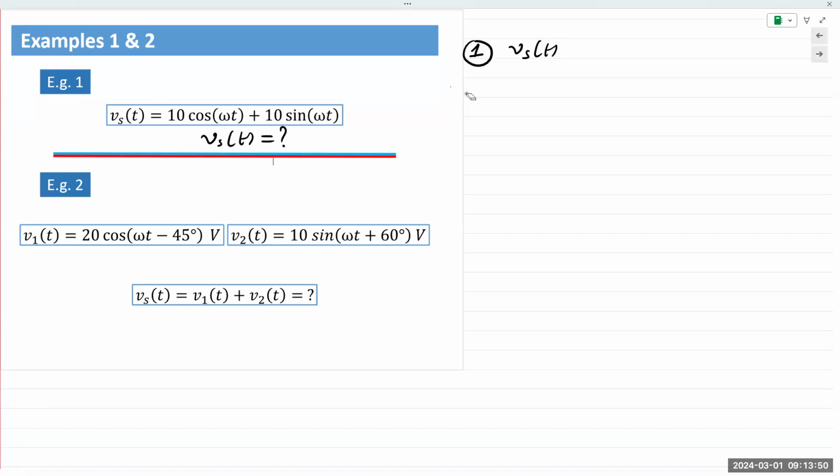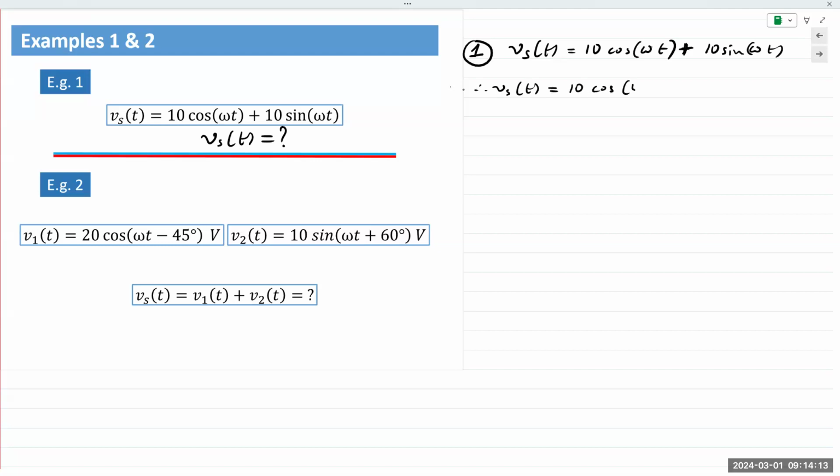All right, so the first step is that we have to convert sine into cosine. We cannot perform a phasor transform without converting the sine to cosine. So this sine omega t becomes cos of omega t minus 90.